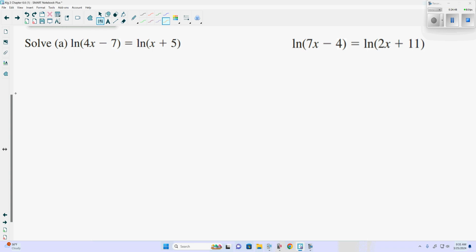Is it the same log? Both ln, yes? So since I have one log on either side and they're the same log, it means that what's inside of each of these has to be the same. Since ln of x is equal to ln of y, x has to equal y. Since they are the same log, what's inside of them must be the same.